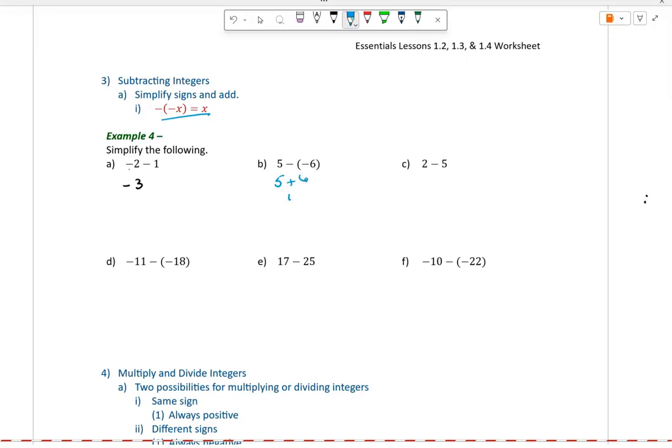So I get 5 plus 6, which is 11. Okay? And your calculator will tell you that if you do negative of -6 or minus -6, it'll give you a positive. How about C? Again, we're kind of doing what we did in example 2. It's not 2 negatives in a row, so keep the sign of the bigger, subtract the numbers.